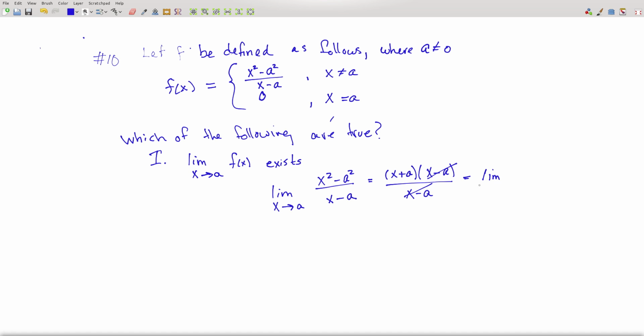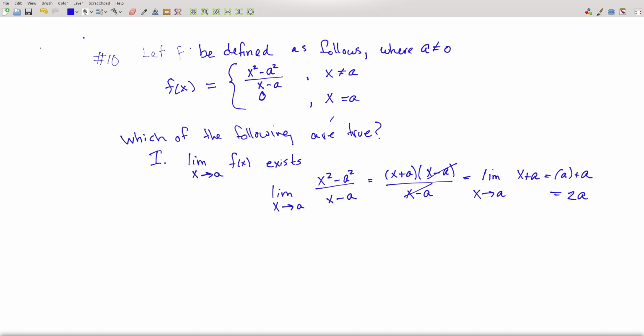And this is the limit as x approaches a of x plus a. Originally we couldn't get away with just substituting an a in there, because it would make the expression become undefined, which is not okay. But as we have simplified and rewritten this limit, there's now no reason that we can't substitute that a into this value of x, and we end up with a plus a, which is 2a.